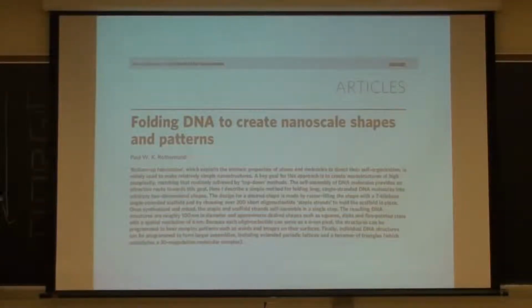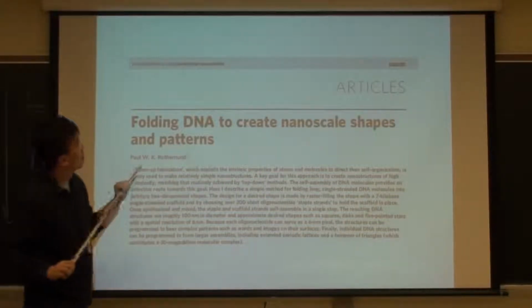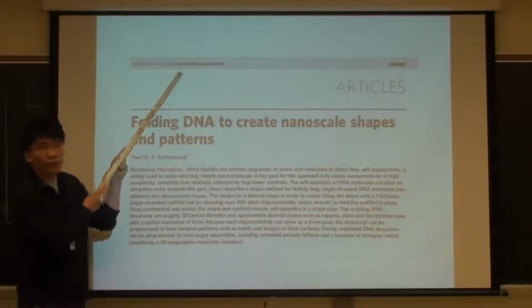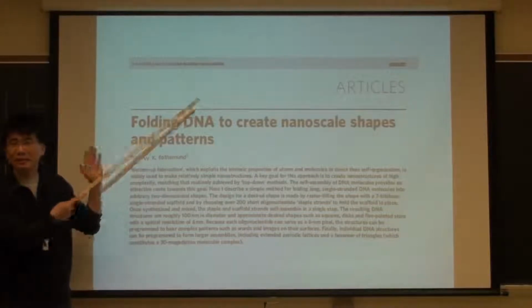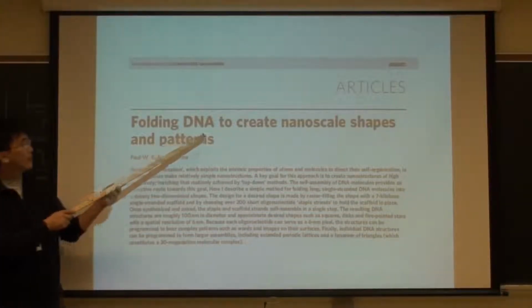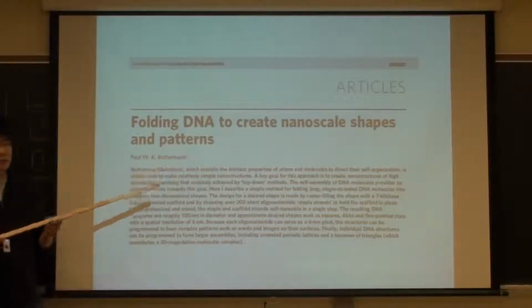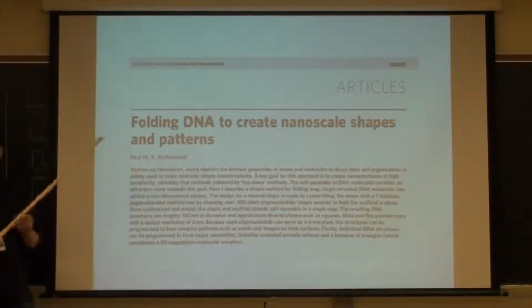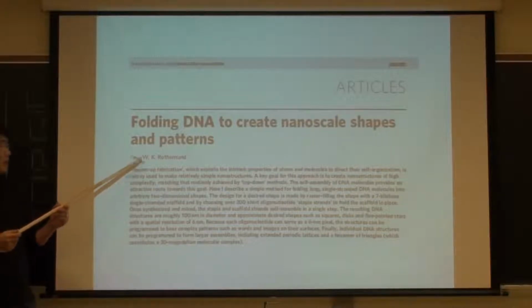Okay, so this paper was published in 2006, so that's already 7 years ago. And the title is Folding DNA to Create Nanoscale Shapes and Patterns. It was published by a single person, Paul Rothemund from Caltech.